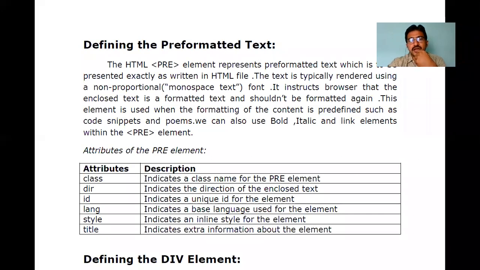For example, if you give manual spaces while writing a paragraph, when you present it, it will not allow those spaces and will automatically display line by line. If you want to display it as it is, however you write in the HTML code, then you can use that text in between the pre tags, opening tag and closing tag.